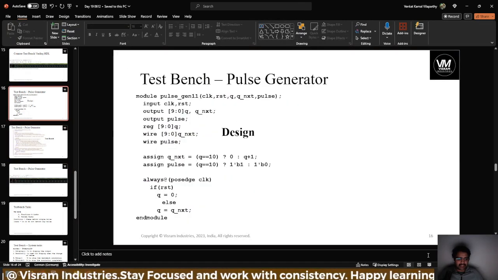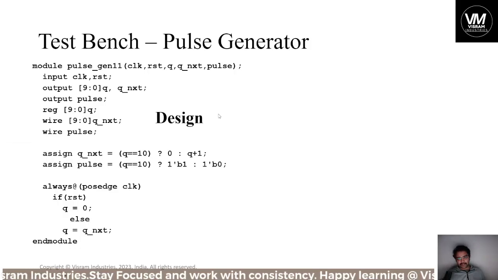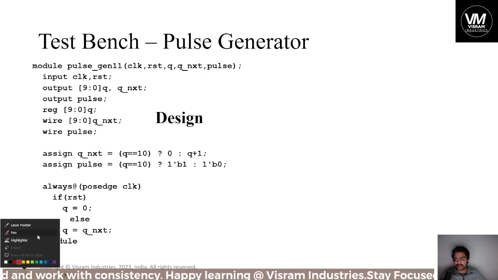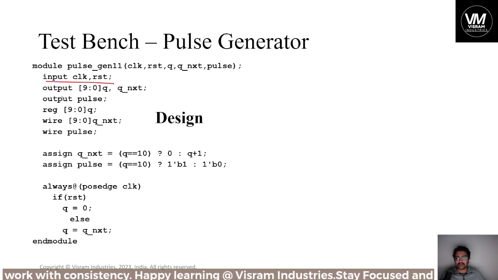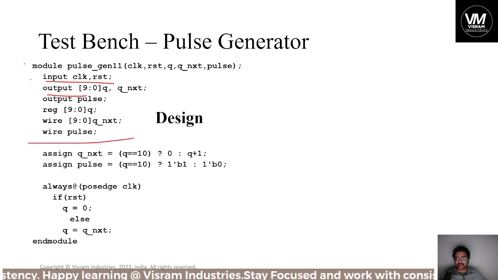Now, where are we in the design? Whenever we want to write the test bench, we check whether the design is proper or not. So to give you an example of the modulus 11 pulse generator, I took these inputs clock and output Q and Q next with the pulse, and after the declaration, first part, second part and third part, you need to assign the values.